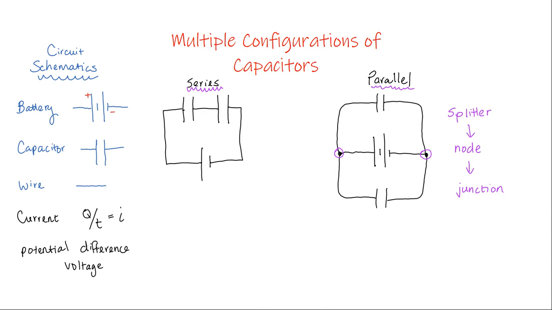Oftentimes in introductory electromagnetism courses, teachers and books refer to this as a series circuit or a parallel circuit. And that's a little bit oversimplified because in reality you're not going to have just a series or just a parallel. You can have some combination of both.